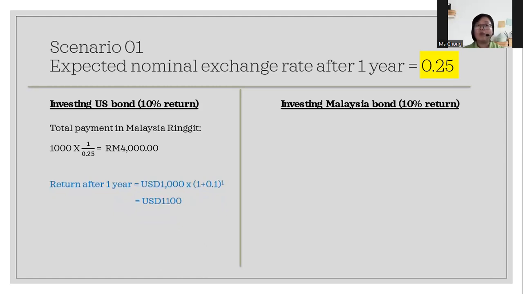Okay, what is my return after 1 year? From the scenario given, the rate of return is 10% per year. So after 1 year, I will get back the 10%, and my total returns should be 1,100 in USD.